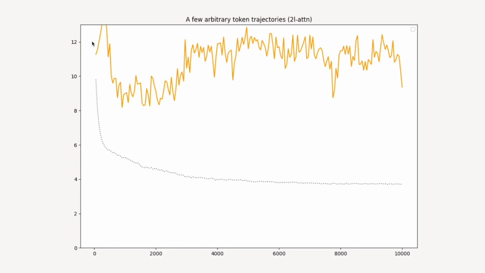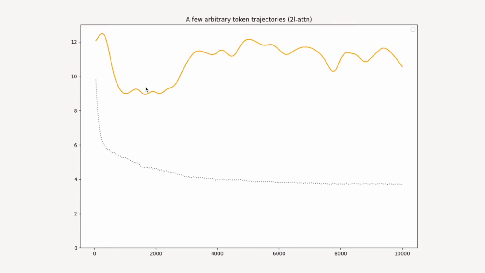And you can see that the model's performance on this example token looks very little like its overall average. I'll smooth this out just to make it a little easier to see. And you observe that the model performs quite poorly on this token over its entire training lifetime. In fact, it doesn't seem to get much worse.